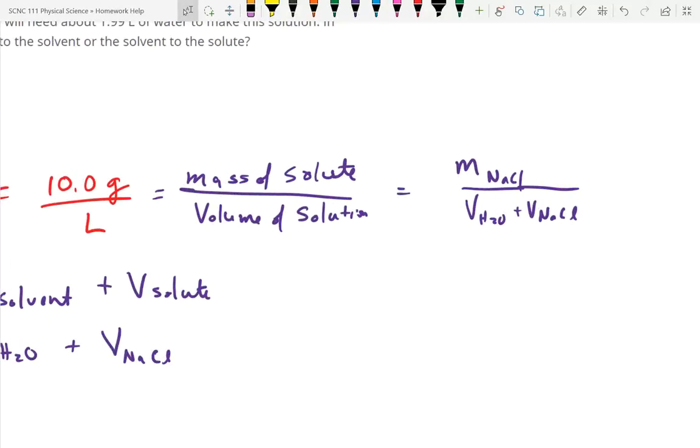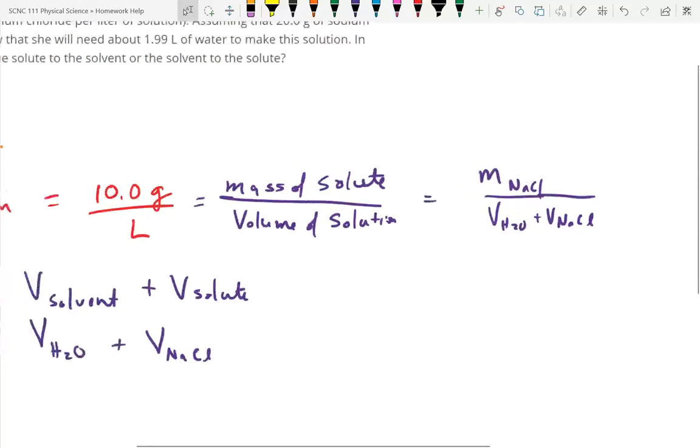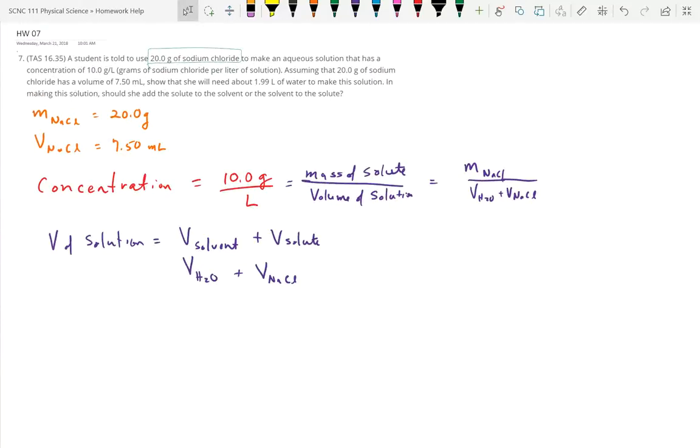Now I actually know all of the numbers but one in this equation because we started with the mass of sodium chloride, 20 grams, and the volume for our sodium chloride is 7.50 milliliters. So my concentration, 10.0 grams per liter, is equal to the mass of my sodium chloride, 20.0 grams, divided by the unknown volume of water plus the volume of the sodium chloride, 7.50 milliliters.